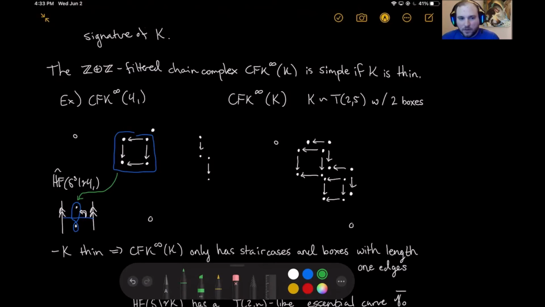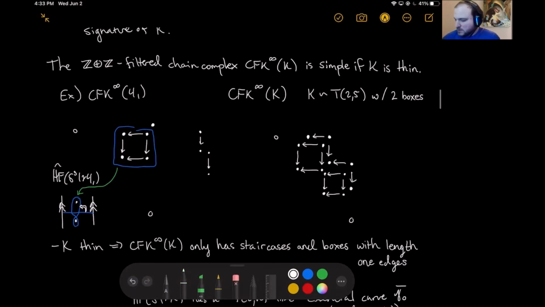You can have a non-horizontal essential component, such as the case for this example full knot Floer complex of some knot that looks like, one part looks like T25, and then the other part looks like 2 boxes. So we have this staircase part, and then the 2 boxes.